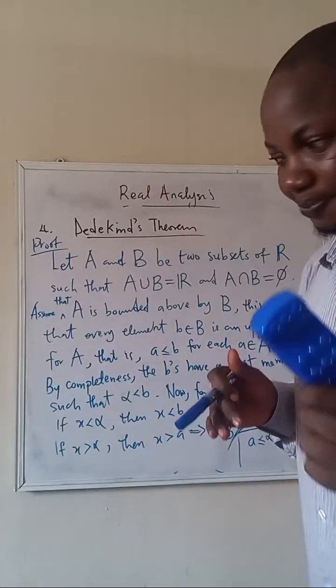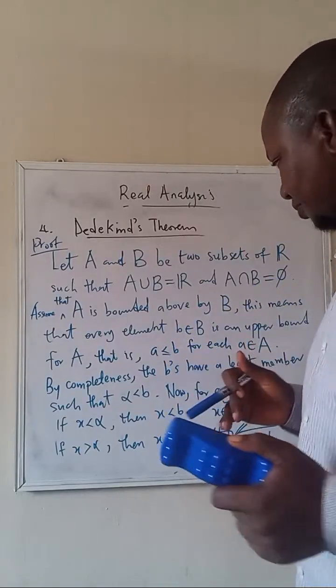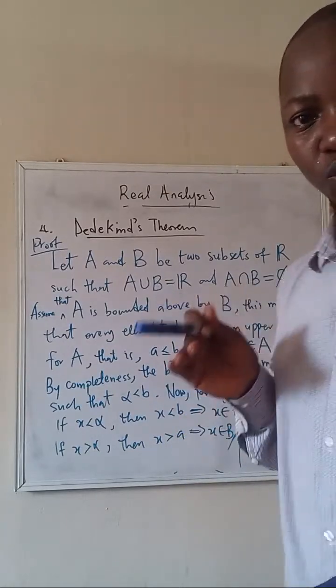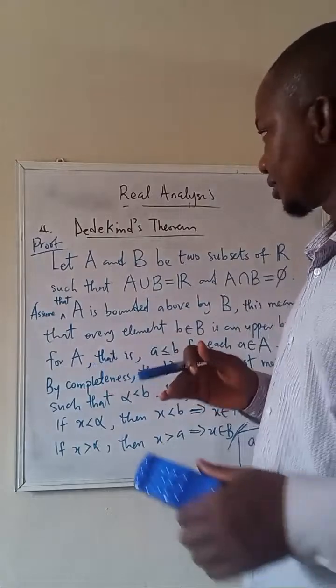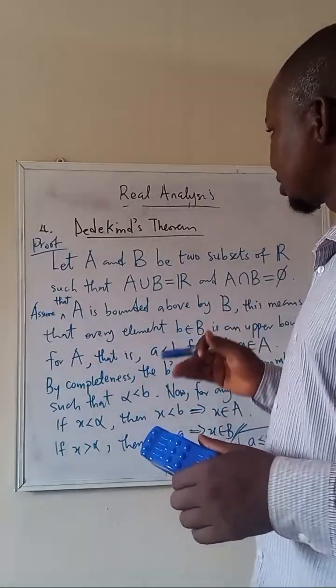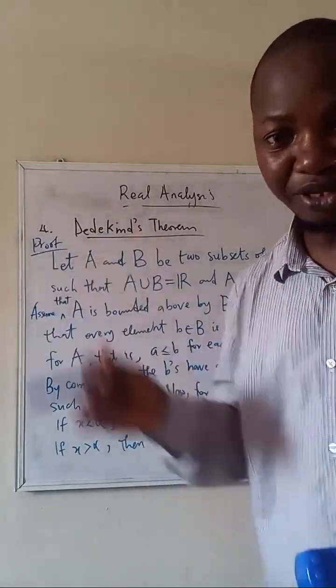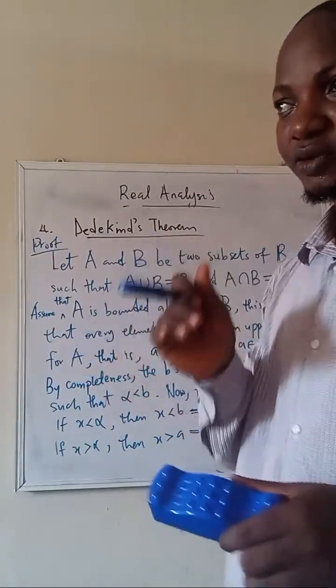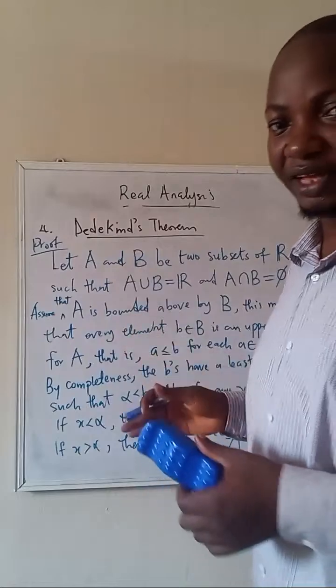So I think it is moderate to stop here, because after this we are moving on to another concept, part B of this course, which is sequences of real numbers. That is next after this.